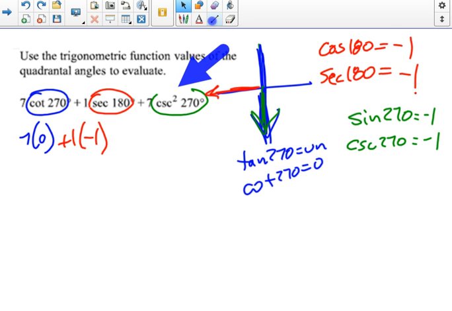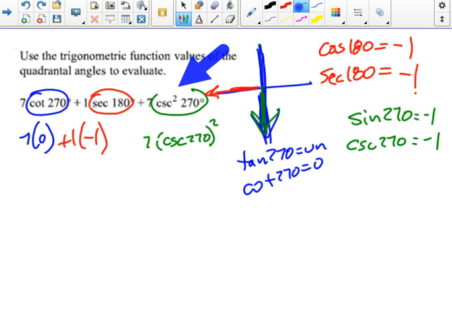In other words, another way of writing the exact same thing would be to write 7 times the cosecant of 270 squared. But it is understood by math people that if you write it there, it means what you see right there below. So we have negative 1, right? That's the cosecant of 270, negative 1. If you square that, you just get positive 1.